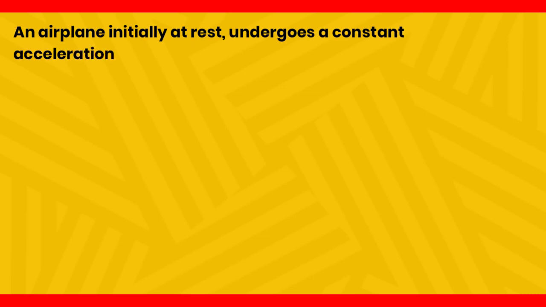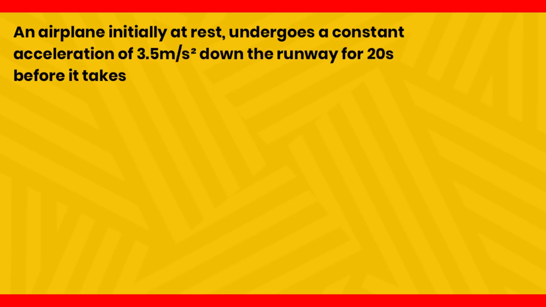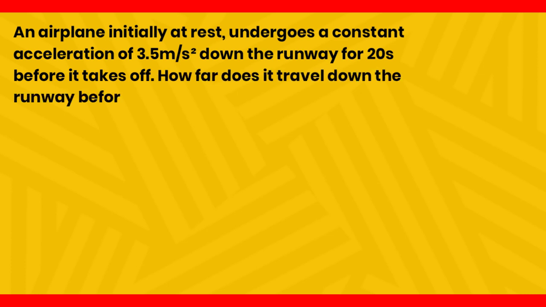An airplane, initially at rest, undergoes a constant acceleration of 3.5 meter per second square down the runway for 20 seconds before it takes off. How far does it travel down the runway before taking off? In this question, we have to calculate the distance traveled by the airplane before taking off.